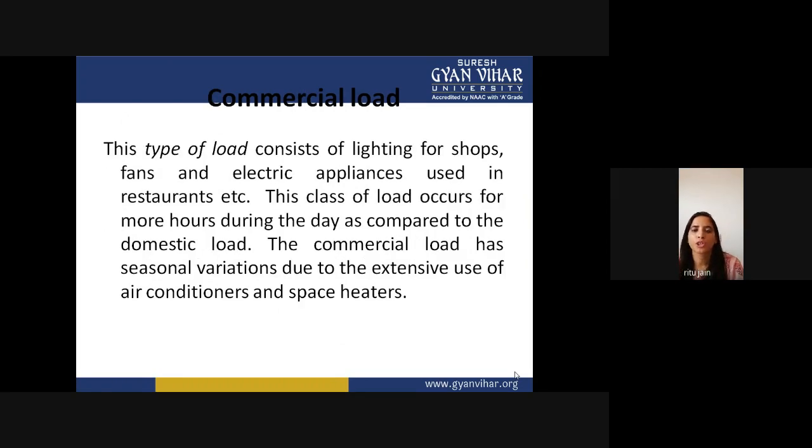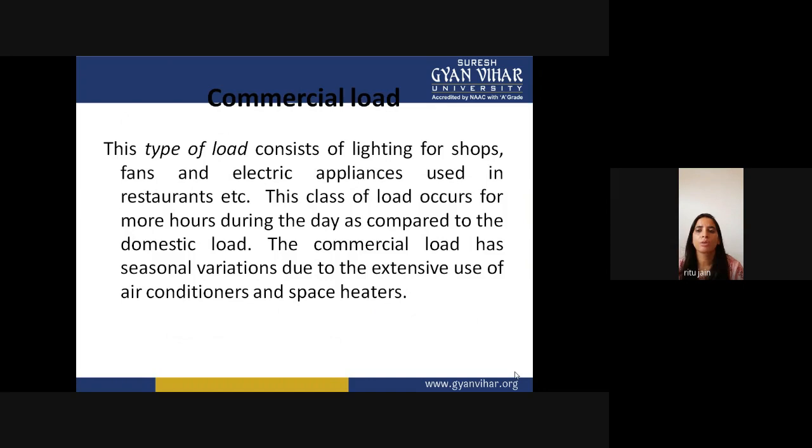Next is your commercial load. This type of load consists of lighting for shops, fans, and electric appliances used in restaurants, etc. This class of load occurs for more hours during the day as compared to the domestic load. The commercial load has seasonal variations due to the extensive use of air conditioners and space heaters.